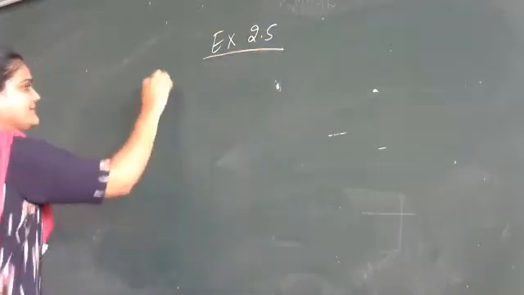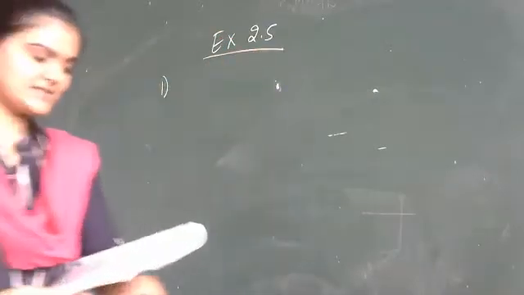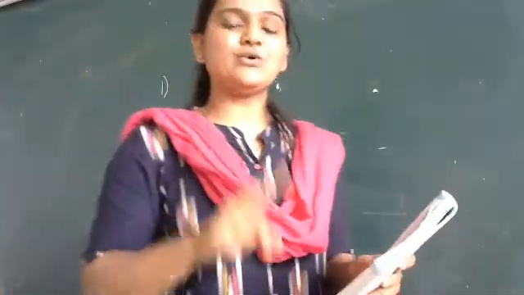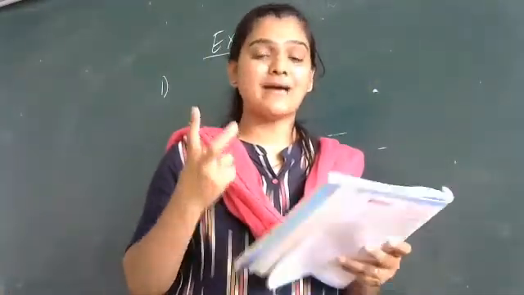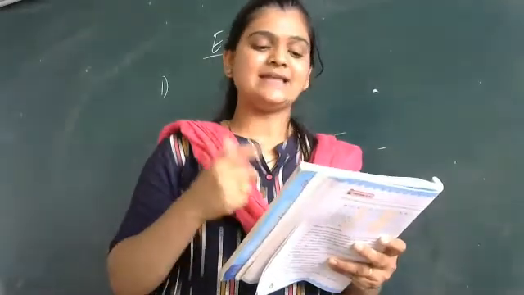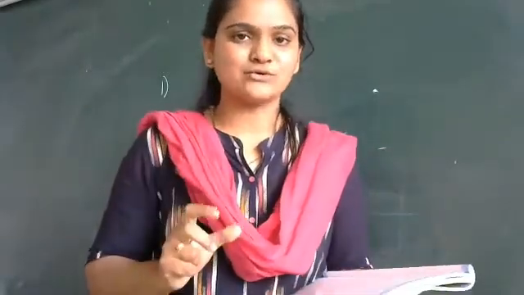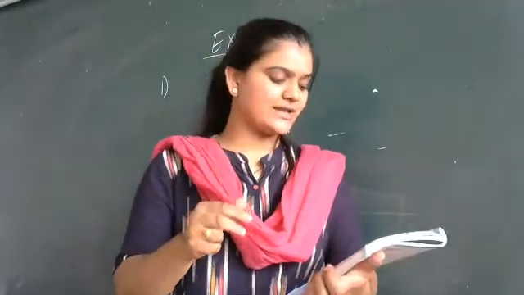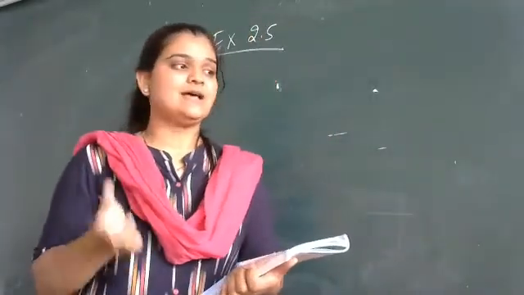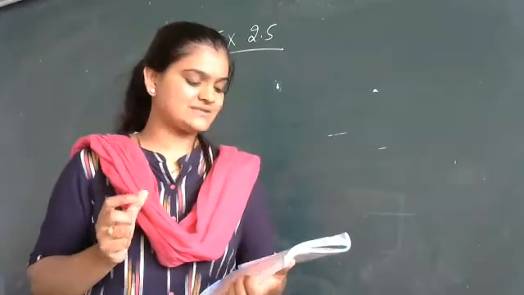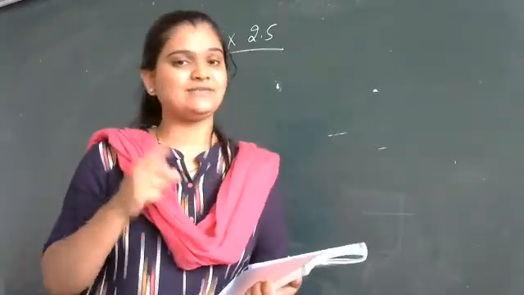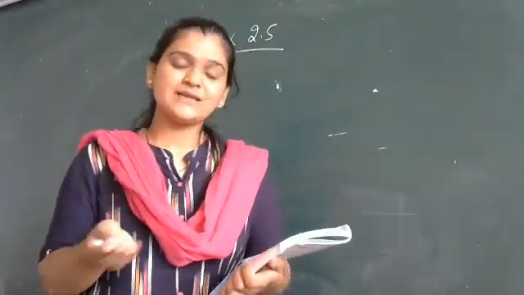Yes, the first word problem, we will read it out first. Raja has 578 mangoes, and his brother has 245 mangoes. They are two brothers, Raja and his brother. Initially, how many mangoes does Raja have? 578 mangoes.